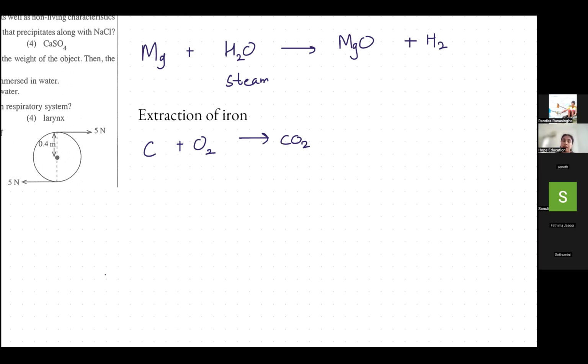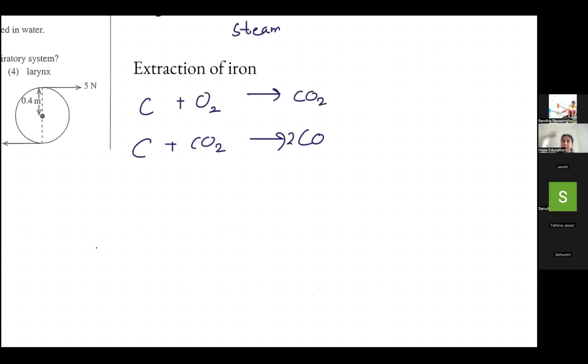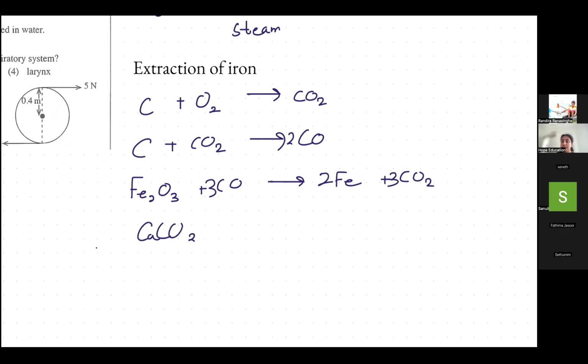Then carbon further reacts with carbon dioxide, forming carbon monoxide. When you balance, you put a 2 here. Hematite, Fe2O3, reacts with carbon monoxide and forms Fe and carbon dioxide, balanced as 1, 3, 2, 3. In addition, calcium carbonate decomposes, forming calcium oxide and carbon dioxide. These are the 4 main reactions.